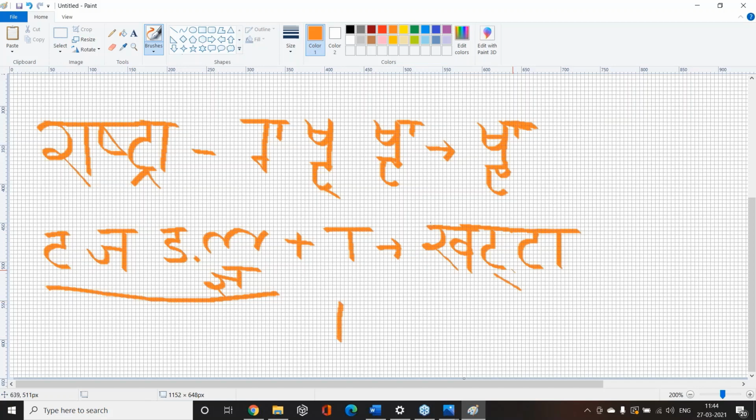Then we have this ta. Now the other ta will attach here below it.